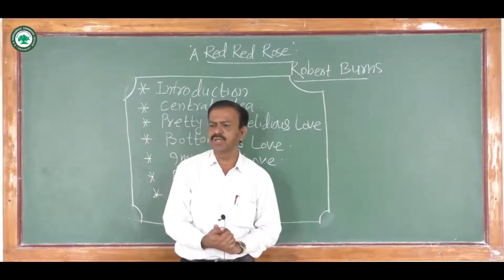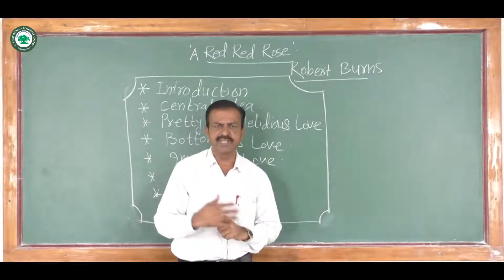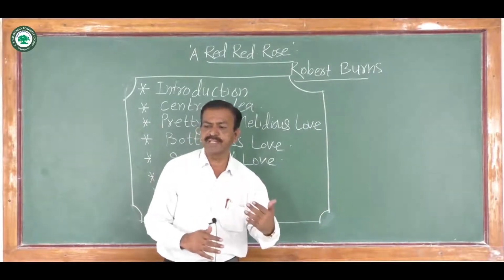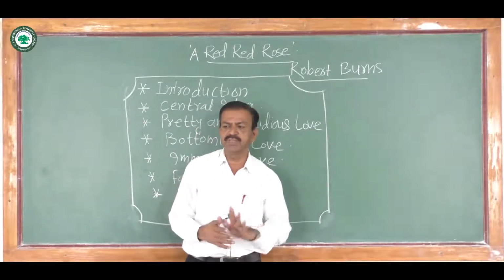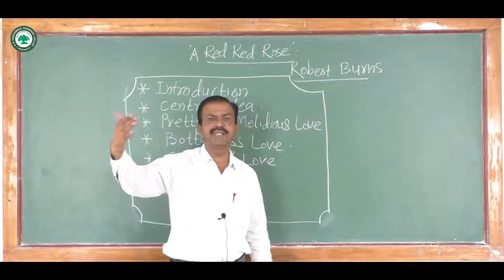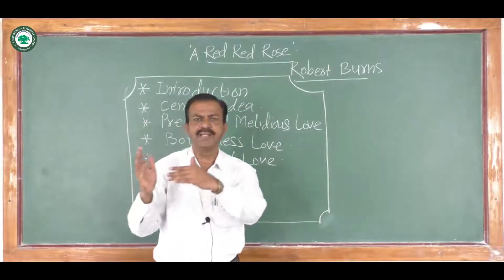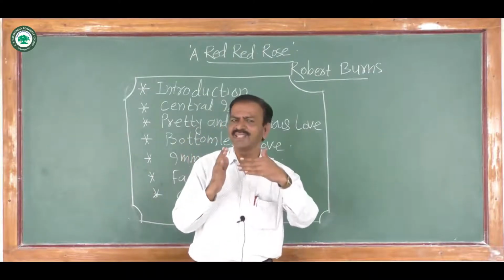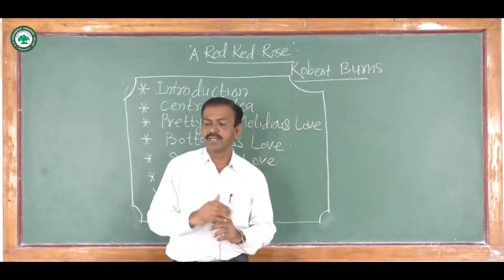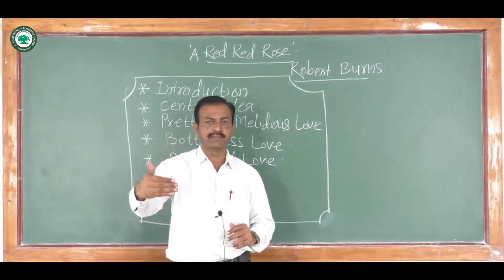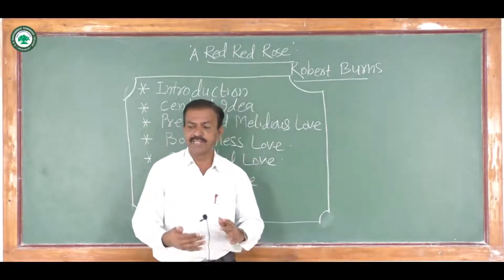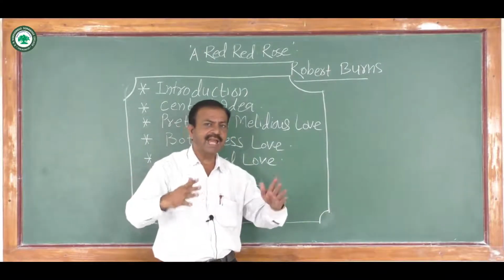Nowadays, we use you instead of thee. So the poet says, and I will love thee still, my dear. So here my dear is addressed, that means he is addressing his beloved. And he says, still or until, till the seas gang dry.